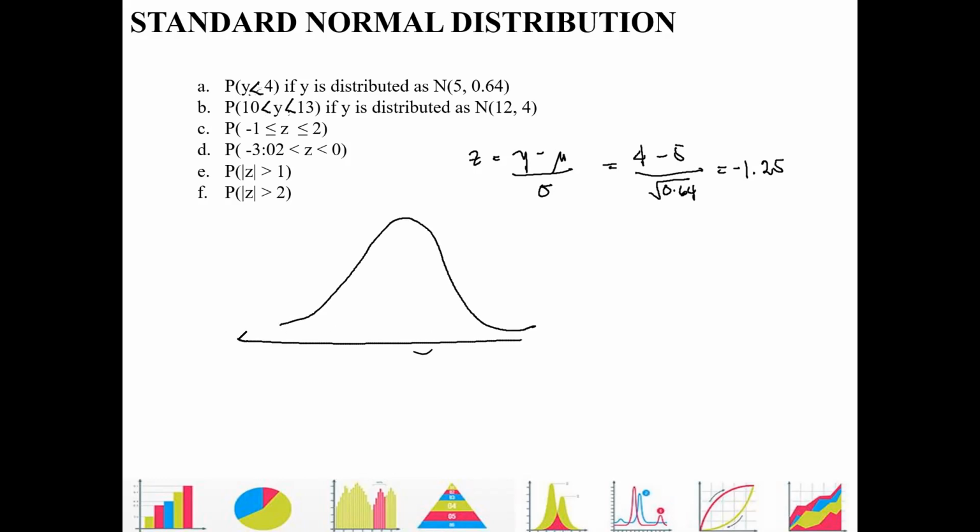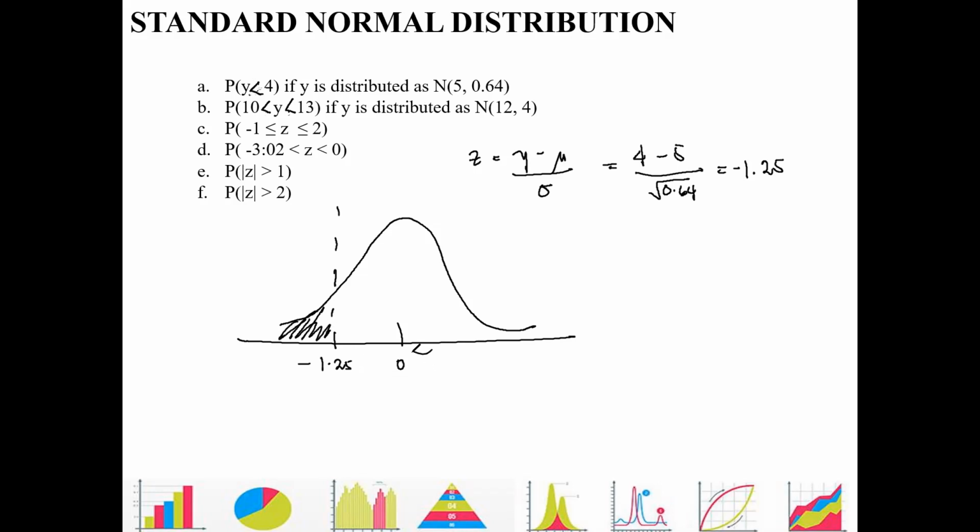sa normal distribution, kung ito yung sa standard normal distribution, somewhere here, negative 1.25. So titingnan natin sa table, ano yung value ng 1.25. Ano pala ang tinutukoy natin na part? Kung Y is less than 4, ano yung tinutukoy natin na part na yon? So ang tinutukoy natin dito is less than 4 is itong part na ito.